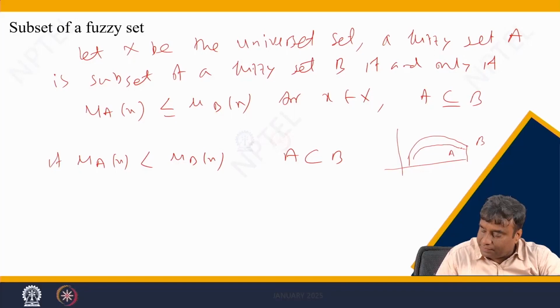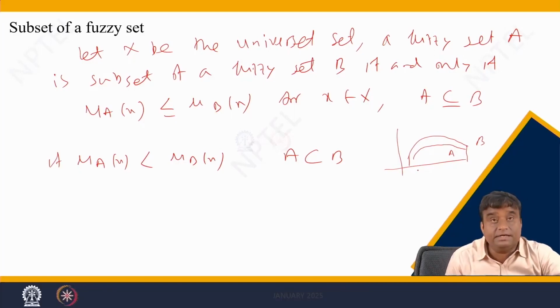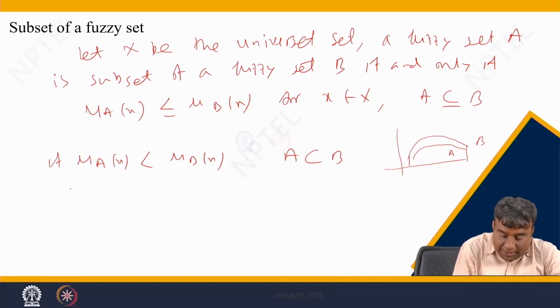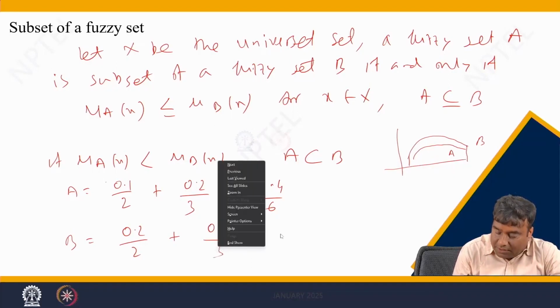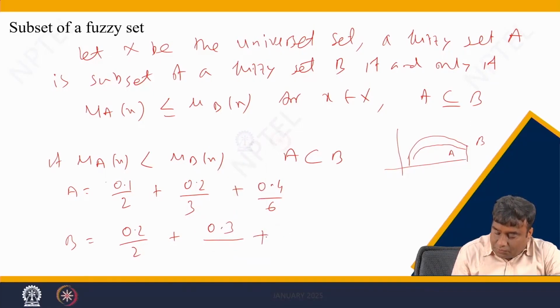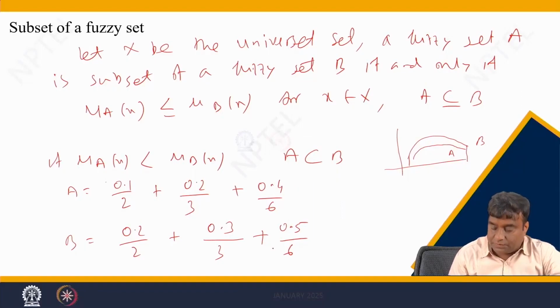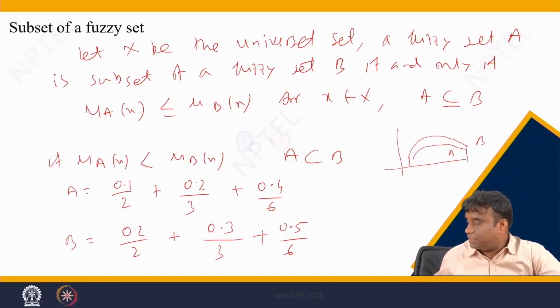So this is A, so you can say A is a subset of B. In a numerical example, suppose A is 0.1 by 2, 0.2 by 3, 0.4 by 6. So B should be more than that: 0.2 by 2, 0.3 by 3, 0.5 by 6. So this is the subset of a fuzzy set.